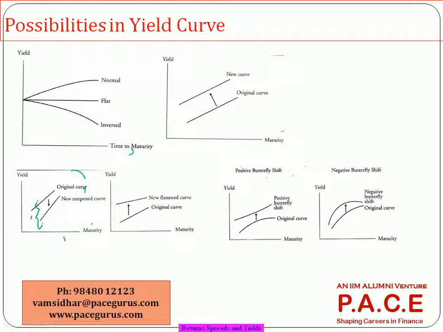Or probably in a decrease we can observe that even more. When the RBI has decreased the interest rates by 0.5%, suddenly we see short-term rates fall by 0.5%, but long-term rates fall only by 0.2%. So when I draw a new line, it is steeper compared to the original line. That is where we call it a steepening of the yield curve, or sometimes we can see a flattening of the yield curve. If it is in the upward direction, we can see that kind.